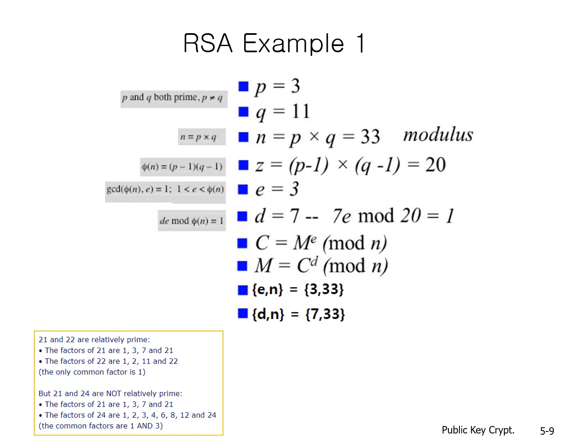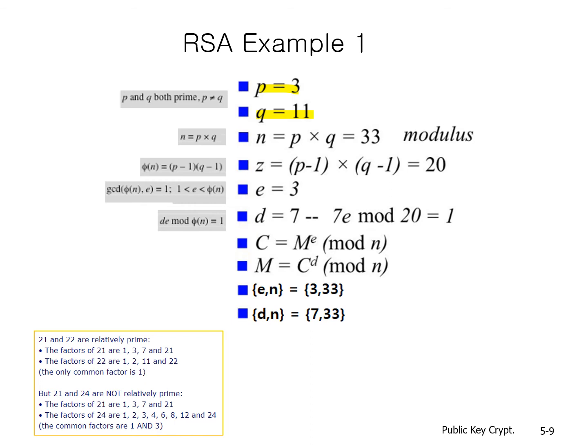For P and Q, we select two prime numbers, P is 3, Q is 11.